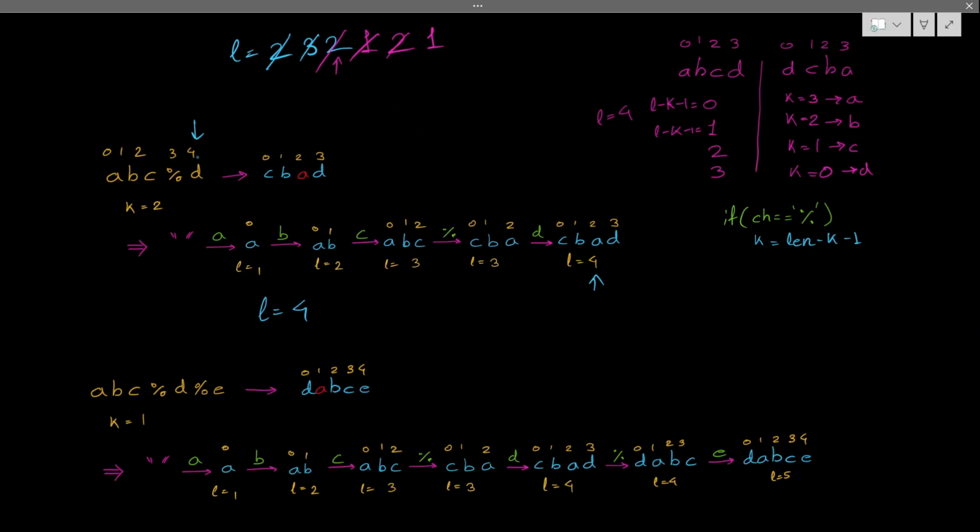My primary target is again to check that length equals k plus 1, and if it is the case and it's a valid character, I will return. So when D appeared, the length was 4, so it cannot be the valid character because I am checking the L equals k plus 1 case.